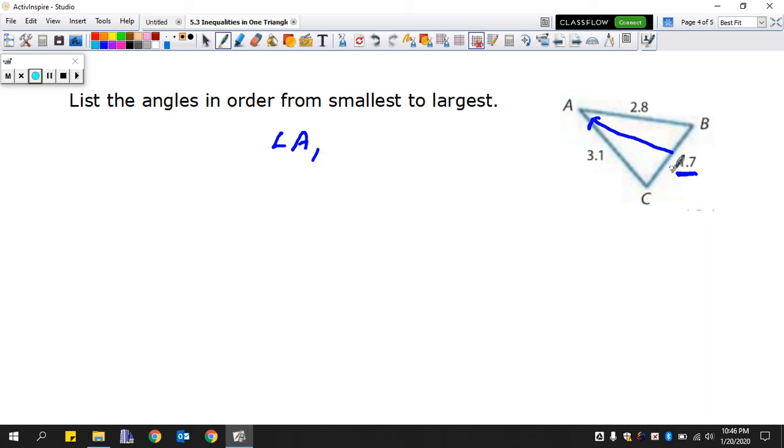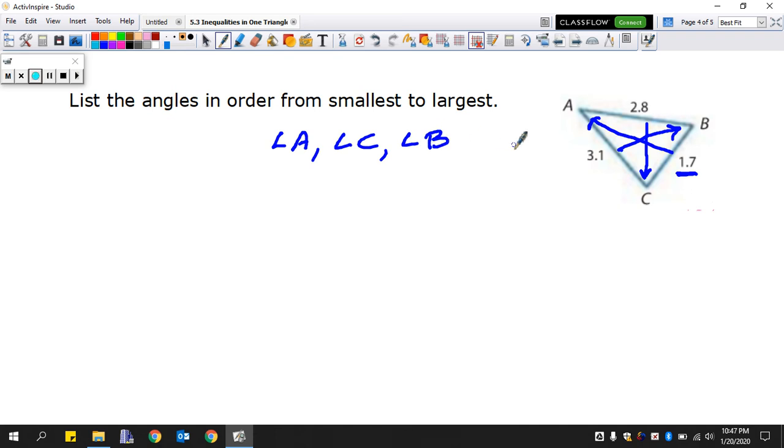The next one is 2.8, and the side opposite that is C. And the longest side is the 3.1. So that means that the biggest angle is angle B. Okay?